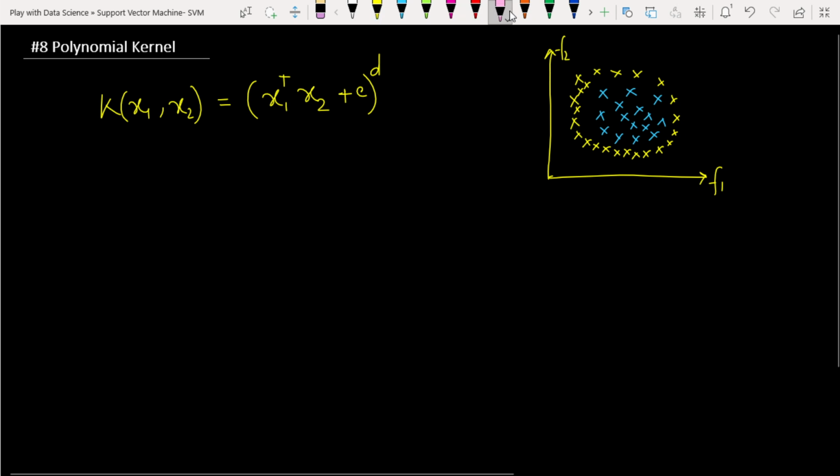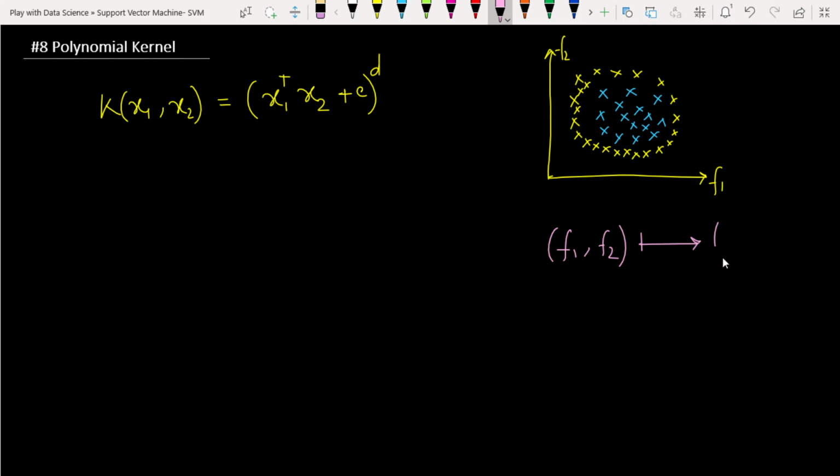In logistic regression we saw that we transform these two features into an f1 square and f2 square space, by using feature transformations or feature engineering. And we do this explicitly.